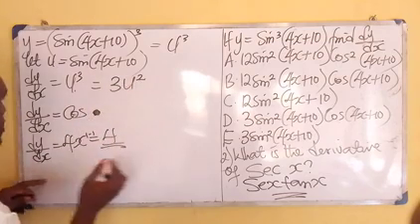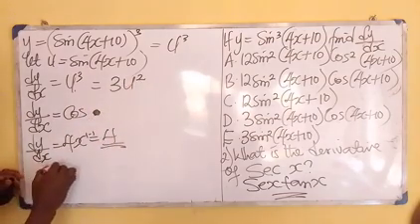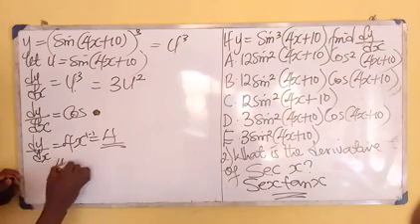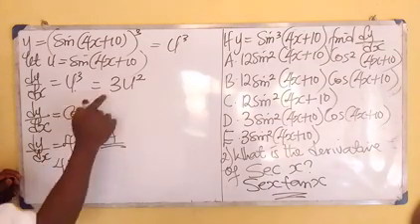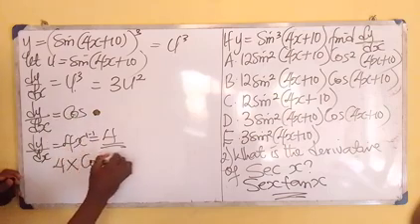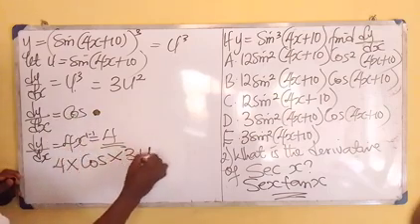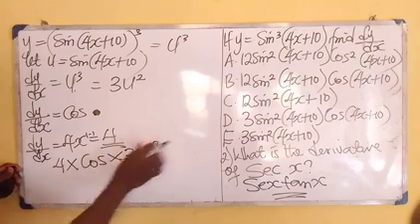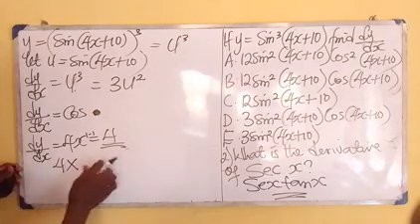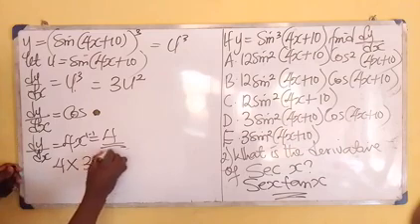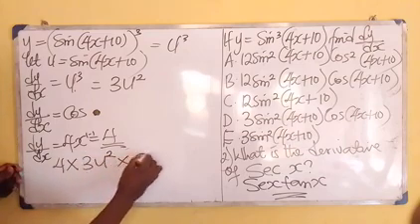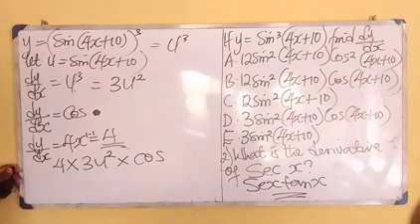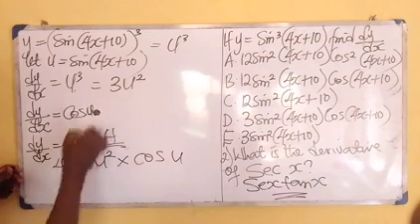That's what I have. I'll now multiply these together. Hope that is clear. Therefore, I will say 4 times cos u times 3u squared. Alright?